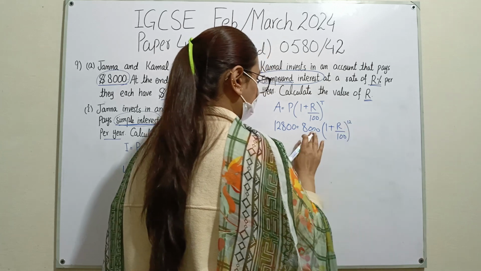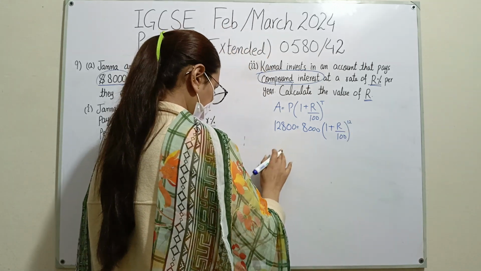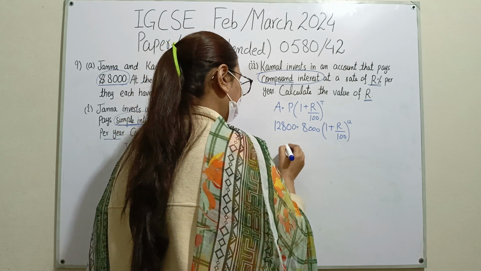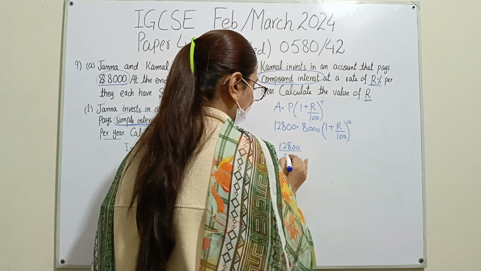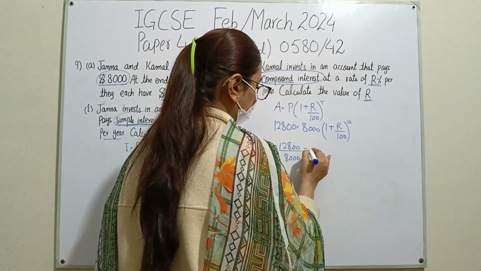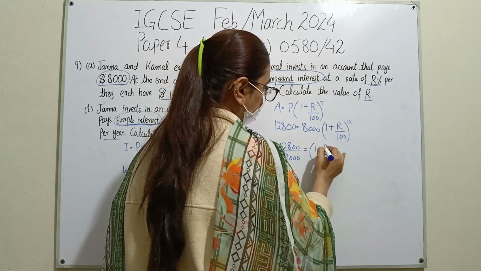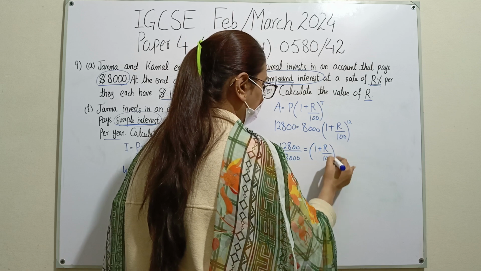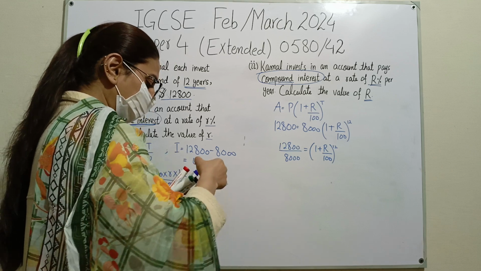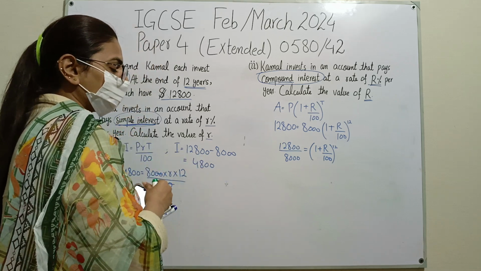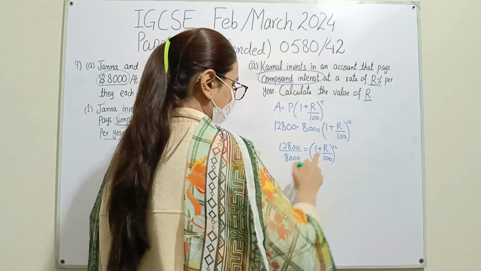Simply divide this value here, and you will get 12800 by 8000 equals (1 plus R over 100) to the power 12. Now here you have to take the 12th root, to cancel the 12 here.